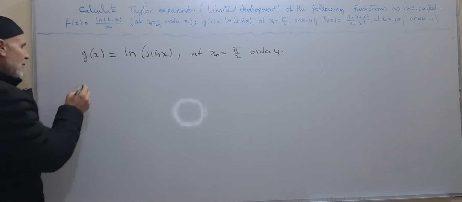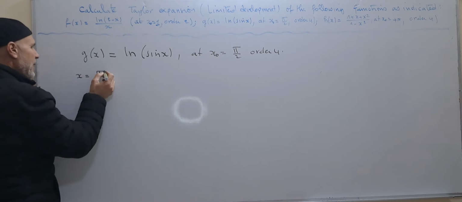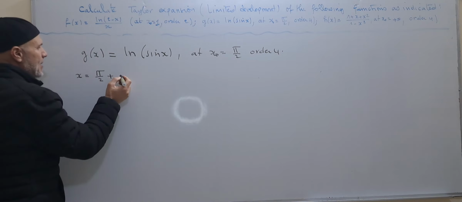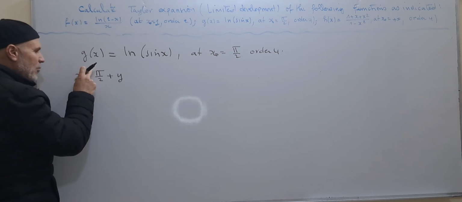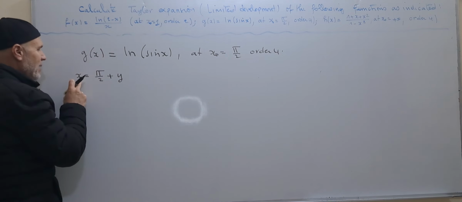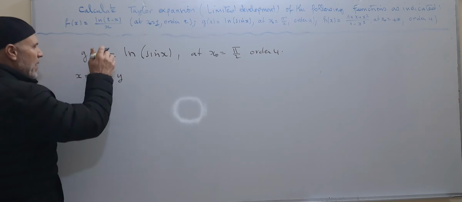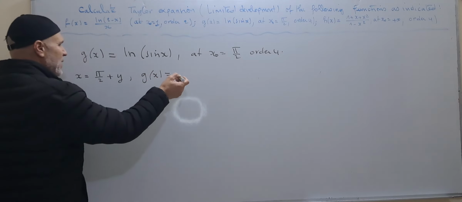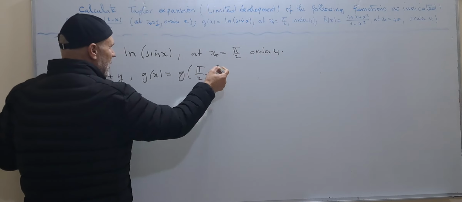Once again, let x be equal to pi over 2 plus y. When x is near pi over 2, y is near 0, and our function takes the form g of pi over 2 plus y.